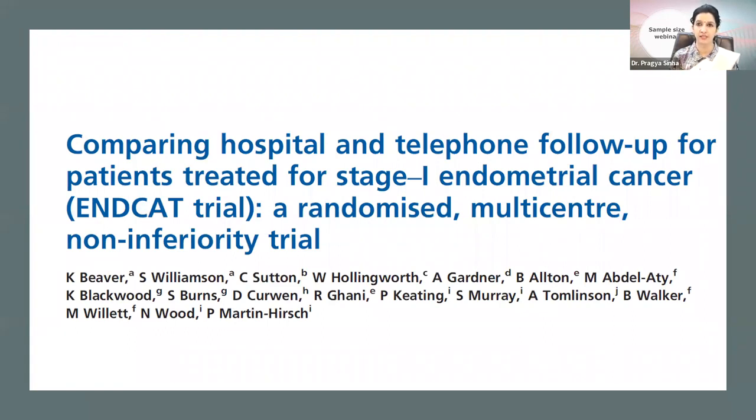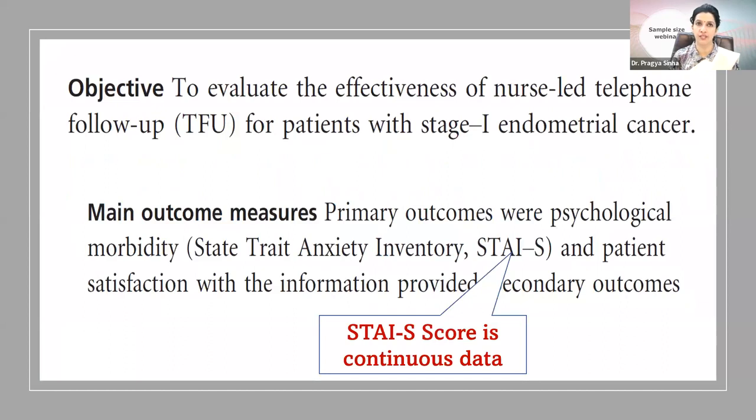So in this case, now it is your time to do this. I'll just show: the objective of this study was to evaluate the effectiveness of nurse-led telephonic follow-up for patients with stage 1 endometrial cancer. The main outcome measure was the STAI score, the State Trait Anxiety Inventory score, which measures psychological morbidity and patient satisfaction also.